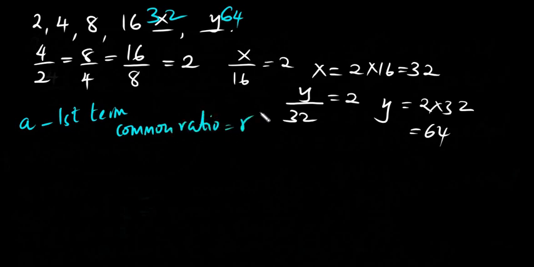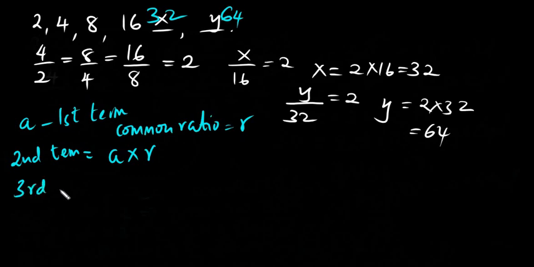Let's call it R. So I want us to write each of these terms in terms of A and R. So I said the first term is A. So what about the second term? The second term will be found by multiplying the first term, that is A, by the common ratio, which is R. So 2 times 2 will give us 4.